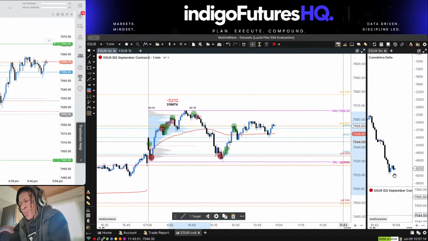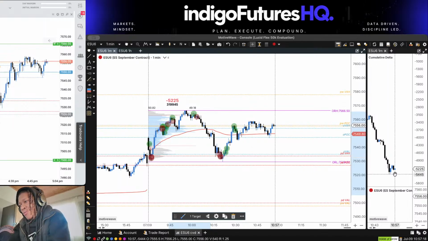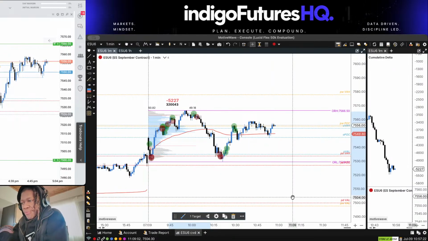We need our delta to close at least below 54.45. Then that little move will be not really canceled out, but we see buyers stepping in and stepping in strong.